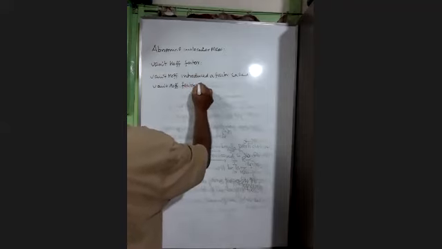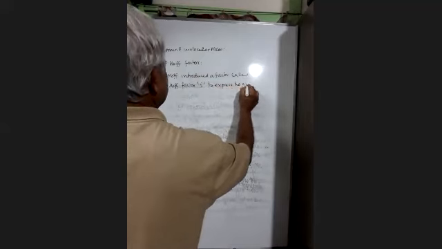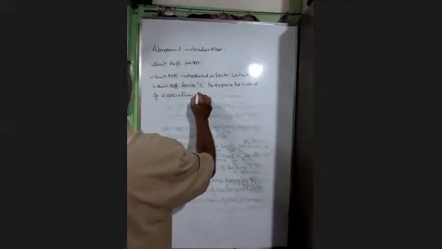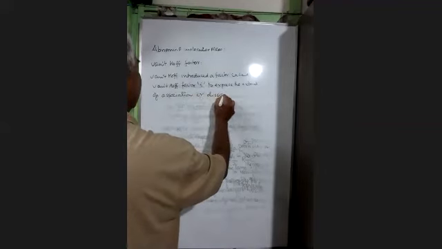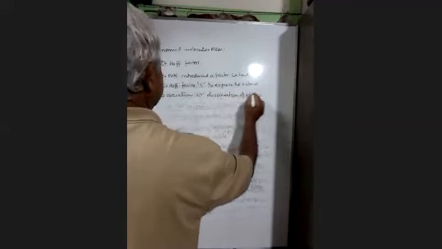This is indicated by small i, to express the extent of association or dissociation of solutes in solution.